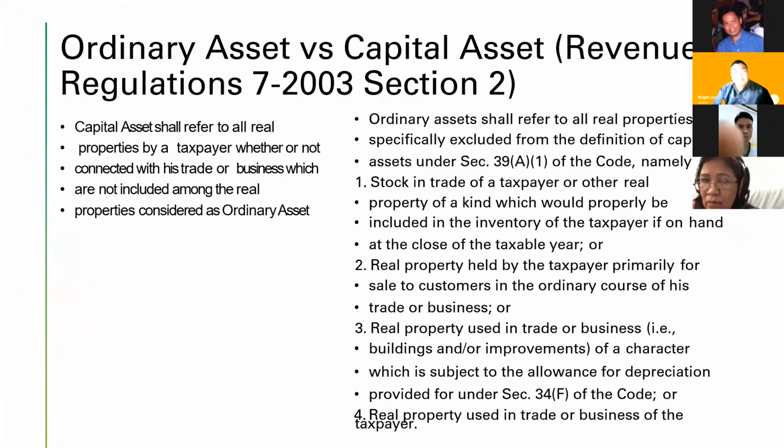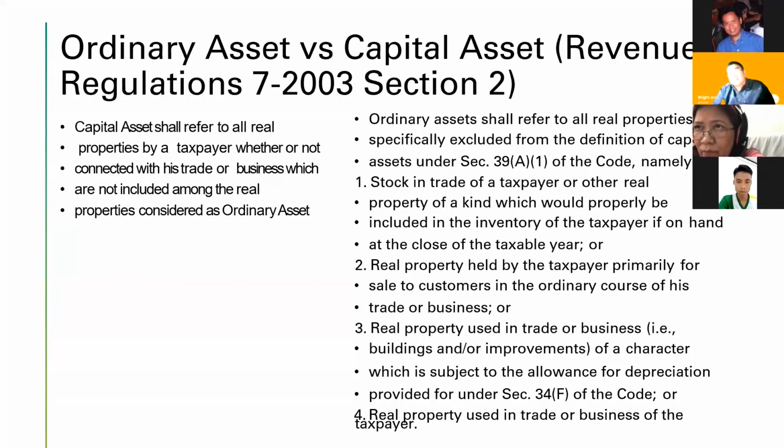What then is ordinary asset versus capital asset? Under Revenue Regulation 7-2003, Section 2. Capital assets shall refer to all real properties held by a taxpayer, whether or not connected with his trade or business, which are not included among the real properties considered as ordinary asset. Ibig sabihin, hindi niya ito pinangnenegosyo. These are usually his residential.